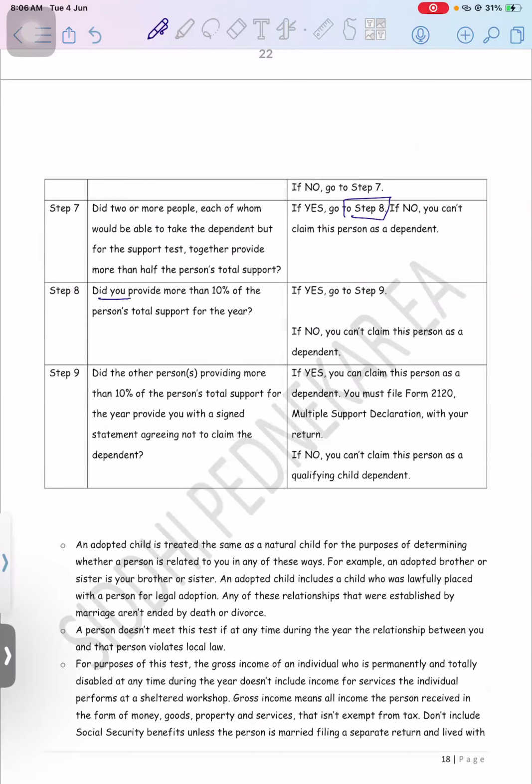That is, check who is providing at least more than 10% of the support. If they mutually agree who will claim the dependent, then that's good. But if they have a conflict in taking the decision, they will check who is providing more than 10% of the support.